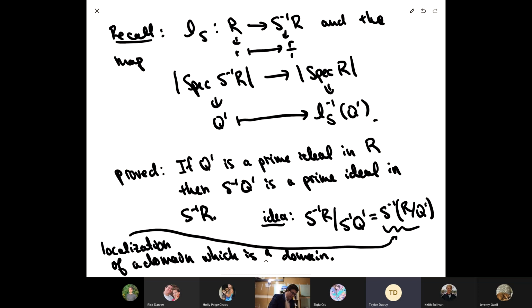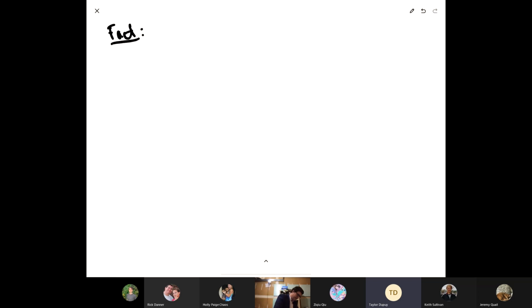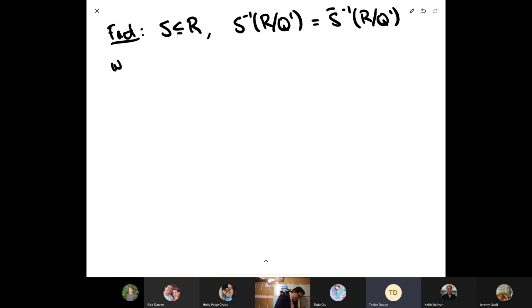So all I want to say about this is, by the way, S was a subset of R, and so S inverse of R mod Q prime is the same thing as S bar inverse of R mod Q prime, where S bar is the image of S in R mod Q prime.